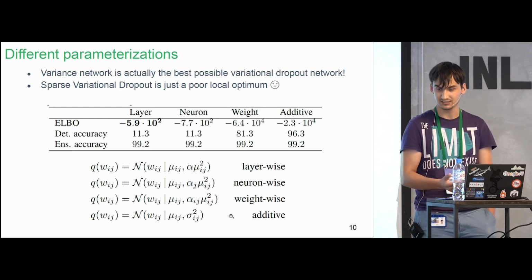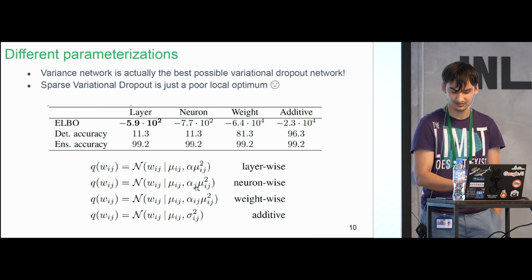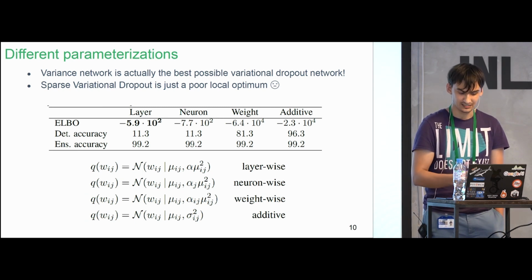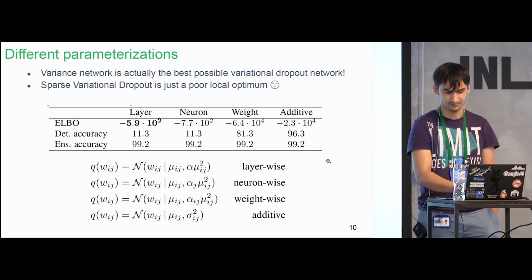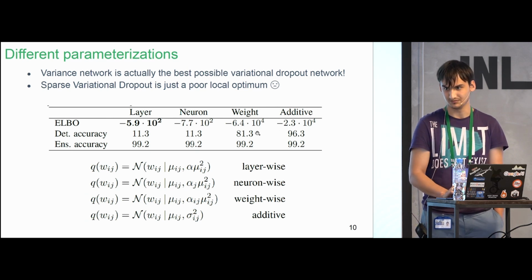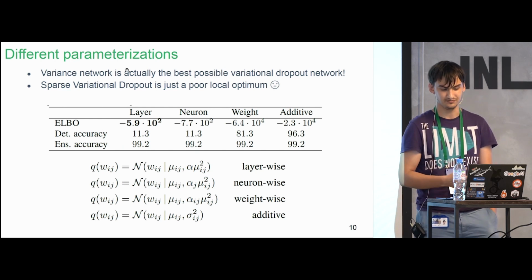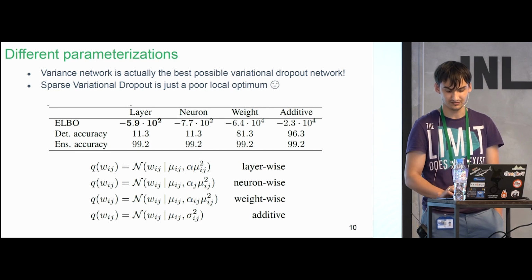They are much less flexible, so you cannot cover all possible fully factorized Gaussian distributions using just these parameterizations, because you have fewer parameters. But still, you obtain much better values of alpha. For example, for the additive parameterization, you have -2 times 10 to the 4th, and for the layer-wise, you have -7 times 10 to the 2. So it is about 2 orders of magnitude better.